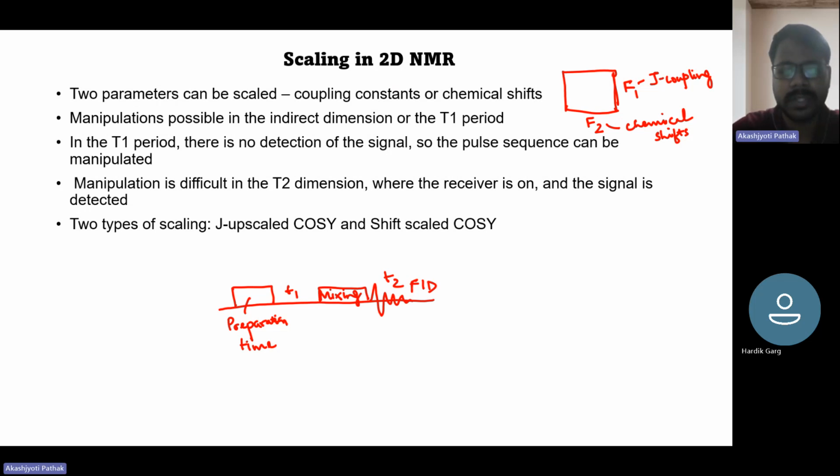Is my screen not visible? Are the slides visible?